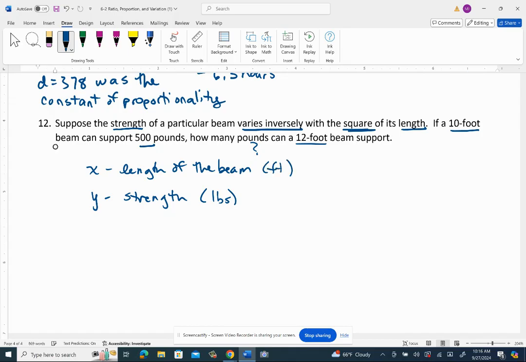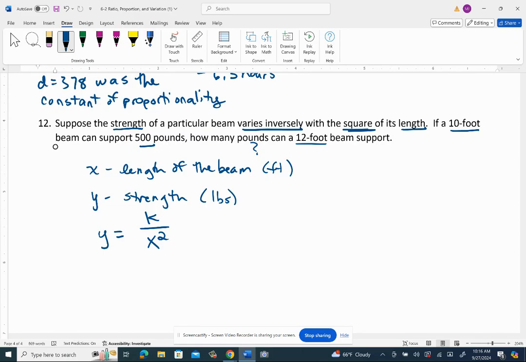Then I'm going to use that first sentence to write my formula. I know the strength varies inversely, so y equals k over not just x, but the square of the length, so k over x squared.